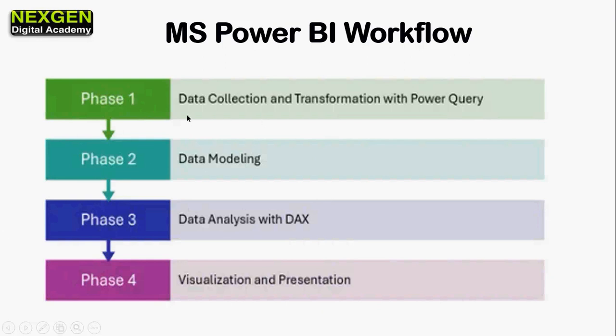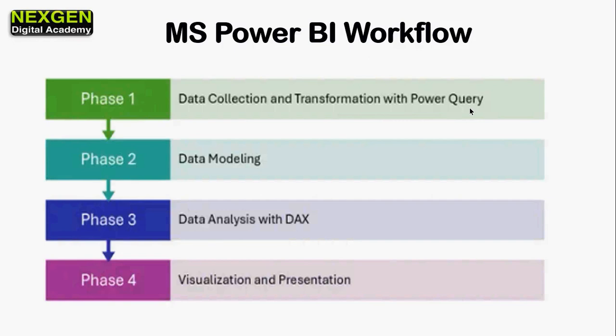Phase 1 is data collection and transformation with Power Query. This is the first step where data is being collected from various sources, and that data is being connected to Power BI.